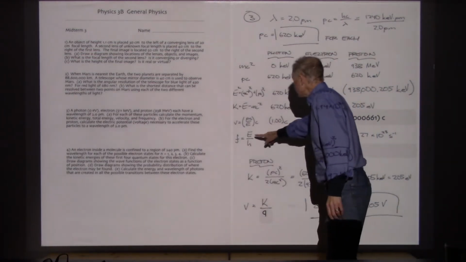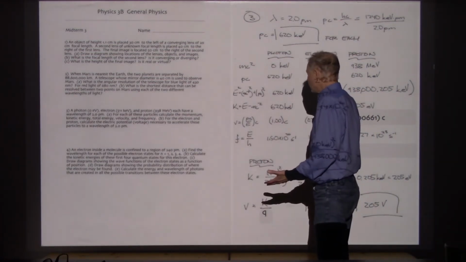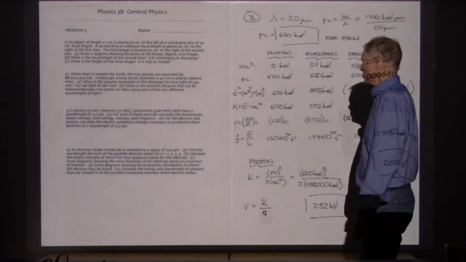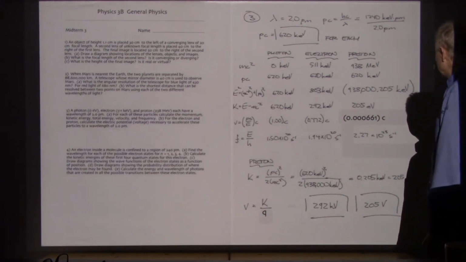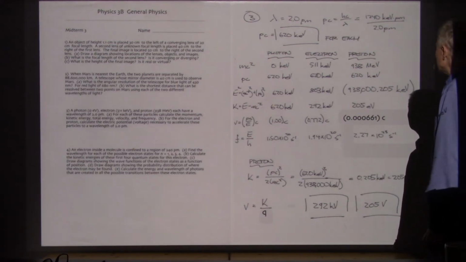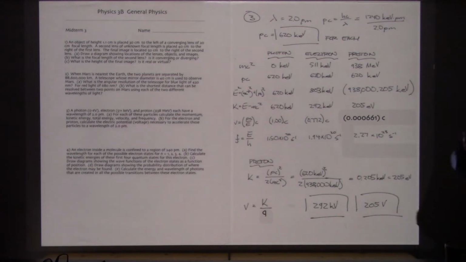So I'm going to have h and h bar in my notes, which is a good idea. And I'm going to have them written in terms of units of joule seconds, but I'm also going to have them written in terms of eV seconds, because that's going to be really handy.